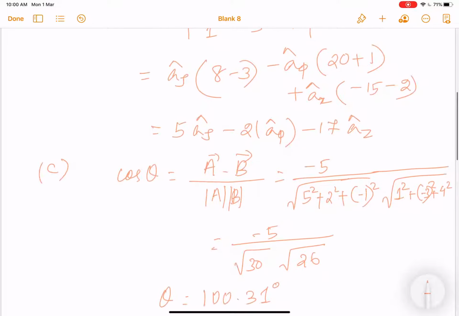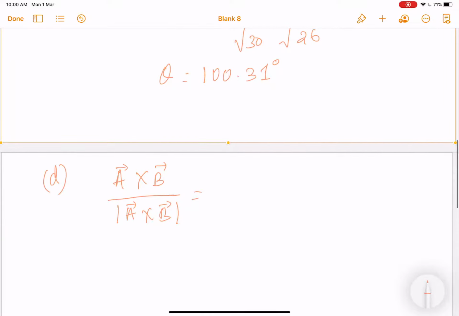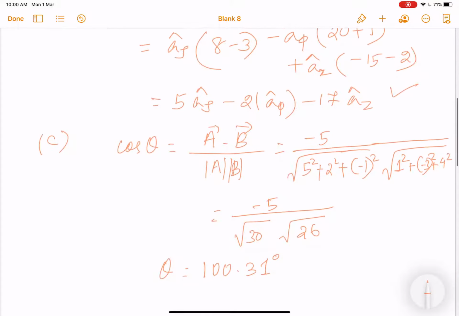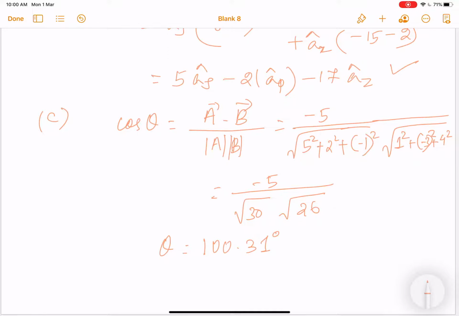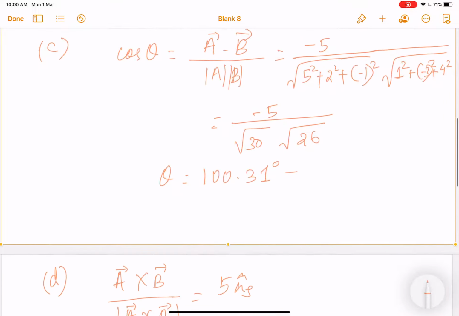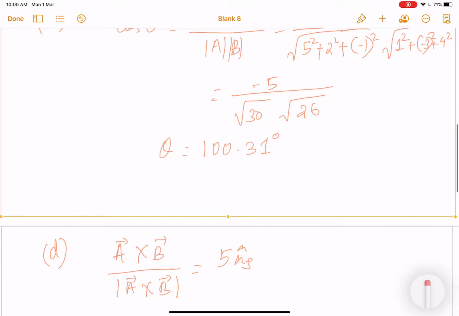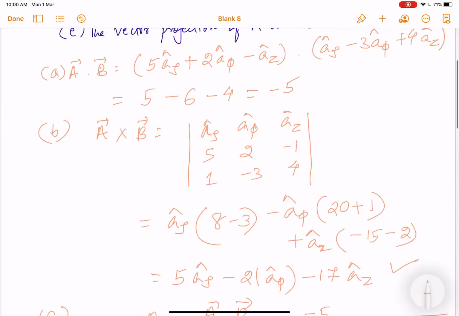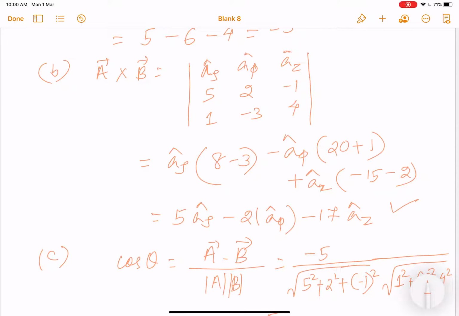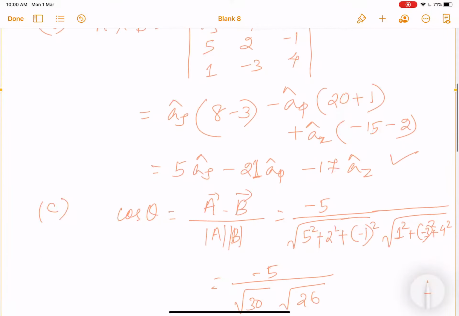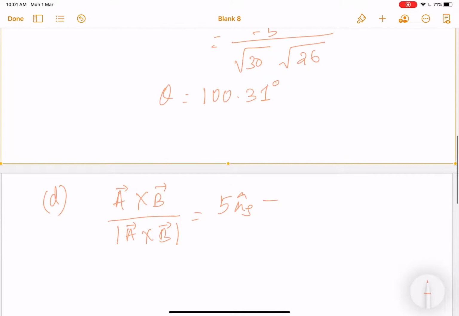Over here, this one is 5 a_rho, then minus 21 a_phi, then minus 17 a_z.